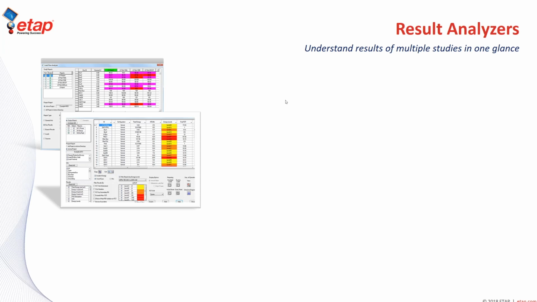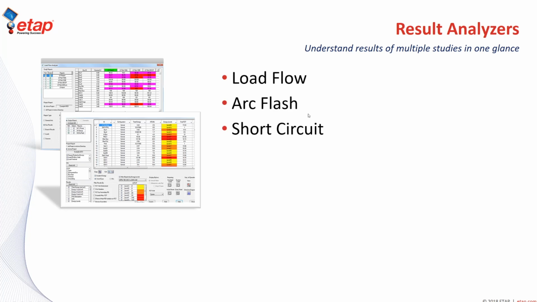We've looked at analysis scenarios. We can see at the output of the analysis scenario, we can generate a Crystal report, which is the result of a single study. But what if I want to compare multiple load flows, multiple arc flash, and multiple short circuit results from different study wizards into a single tabular or graphical report?